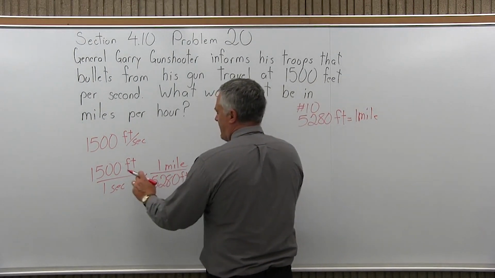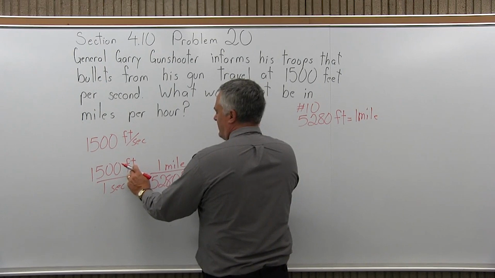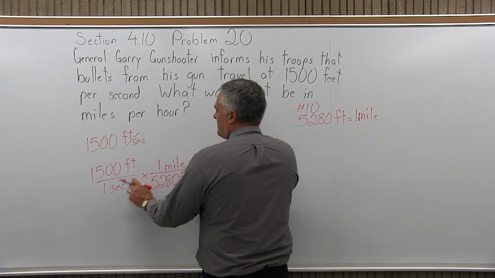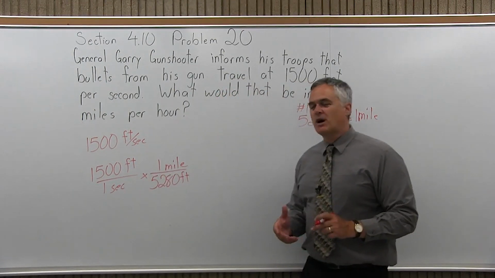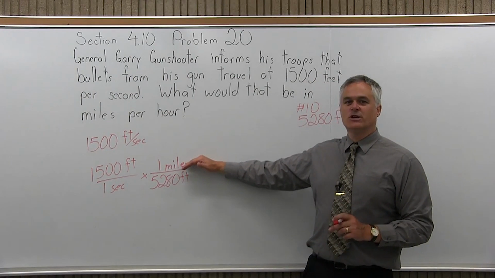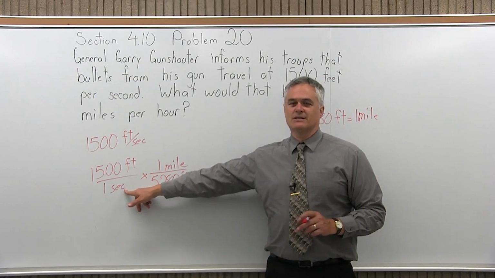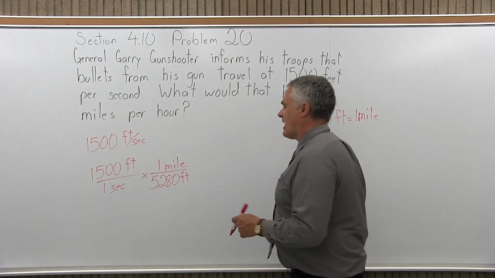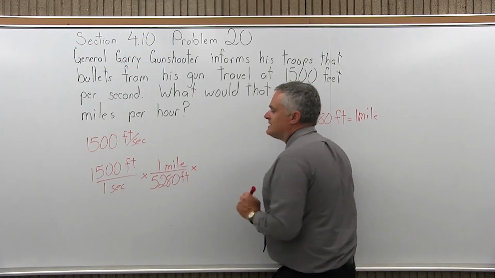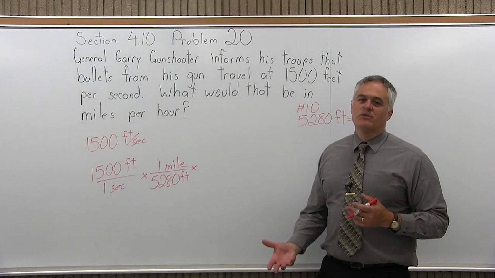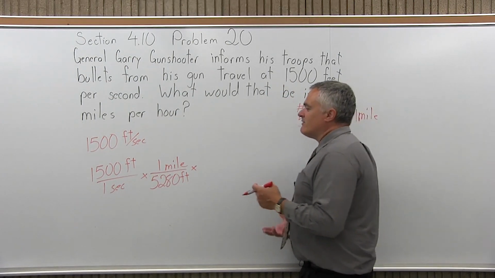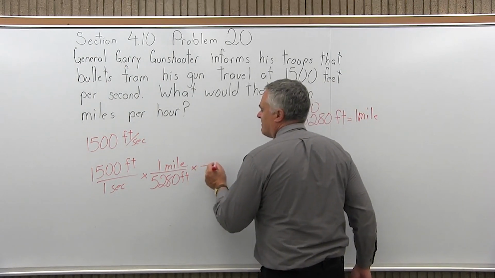So now what's going to happen is the feet will cancel, and the numerator is miles, but I'm in miles per second. I want miles per hour. So the top being miles is good, but I want the bottom to be hours, not seconds, because we think of miles per hour like when we drive. Well, I know there's 60 seconds in a minute. That didn't come up in a previous problem, but that's kind of like given knowledge that there's 60 seconds in a minute.